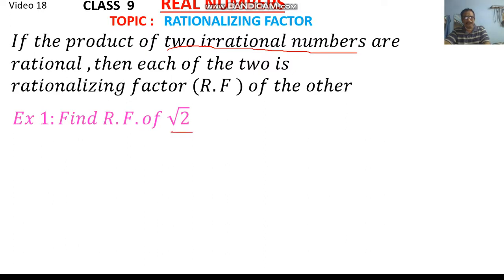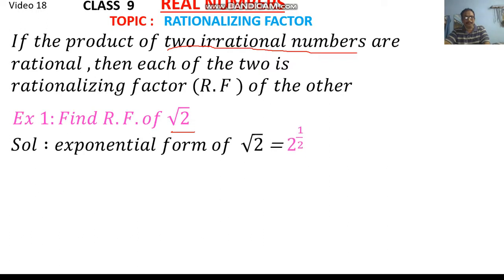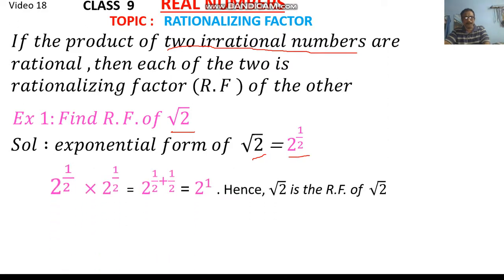Square root 2 is an irrational number. How to make it a rational number? The exponential form of square root 2 is 2 power 1 by 2. This power should become an integer. To make it an integer, we multiply by 2 power 1 by 2, then by the law of exponents a power m into a power n gives a power m plus n, which gives 2 power 1 by 2 plus 1 by 2.